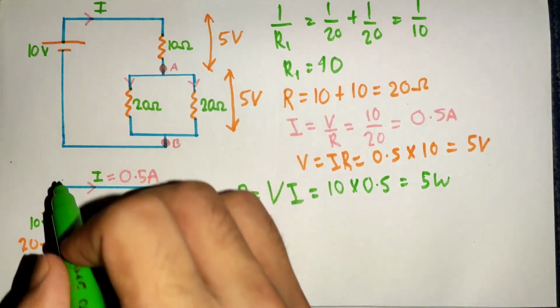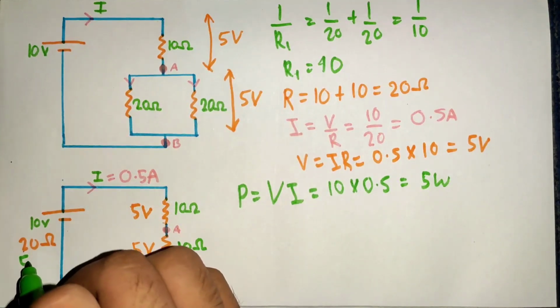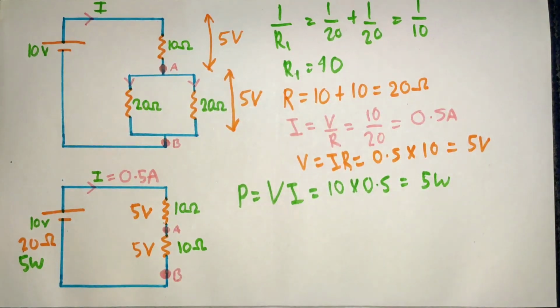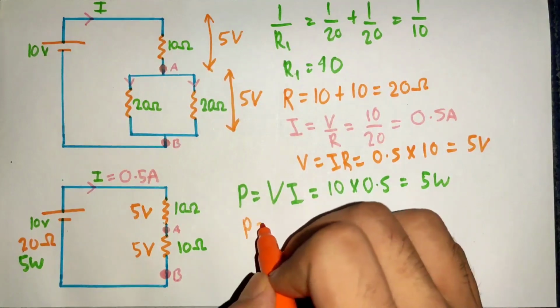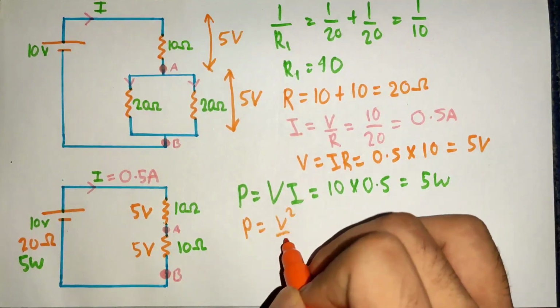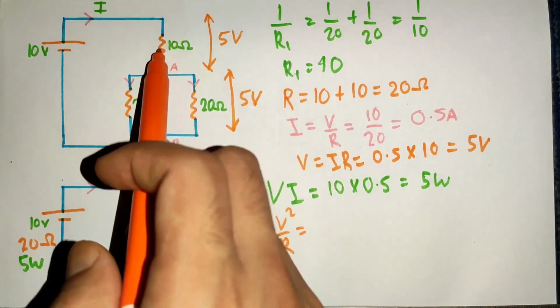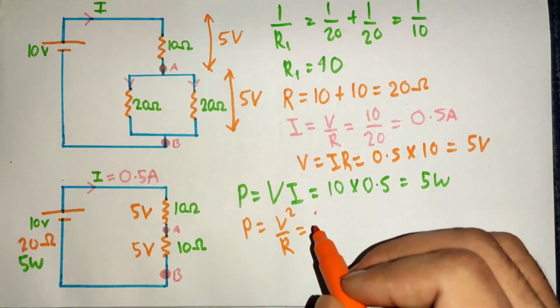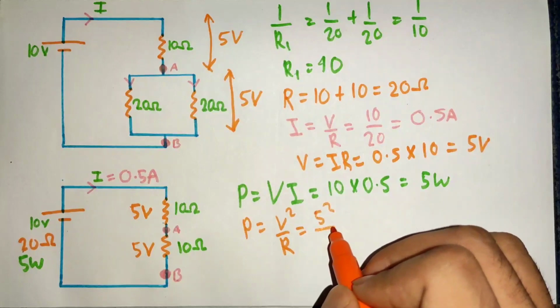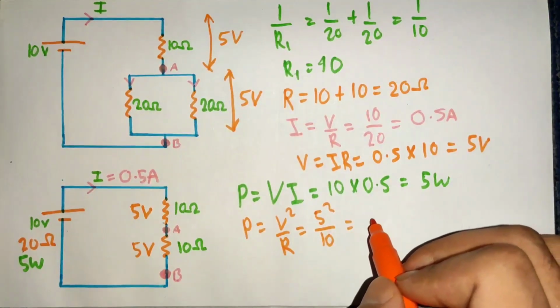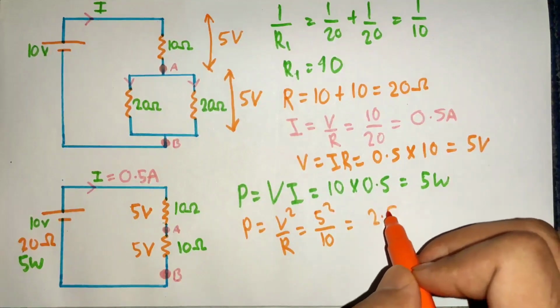That means 5 watt of power is delivered by the battery. Now calculate how much power is consumed by 10 ohm resistor, by using P equal to V square by R, where the voltage drop across 10 ohm resistor is 5 volt. So we can write 5 square by 10, 2.5 watt.